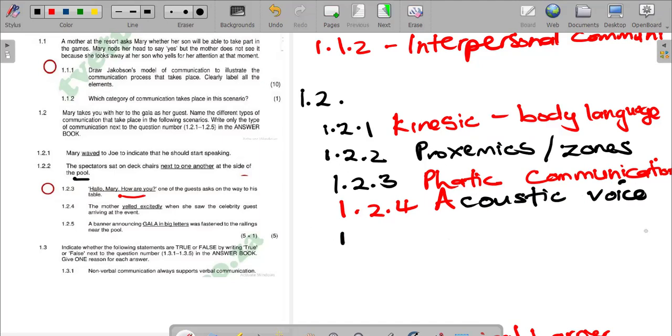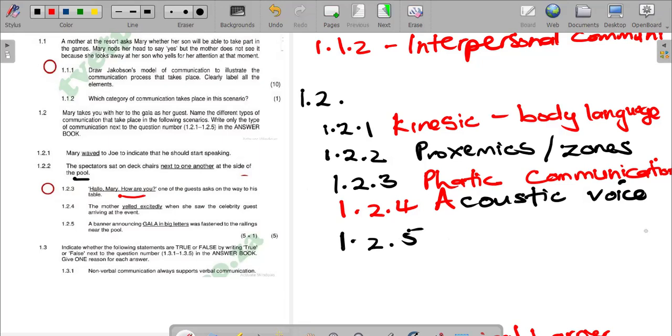And then let's go to 1.25. A banner announcing gala in big letters was fastened to the railings near the pool. A big banner was placed near the pool.